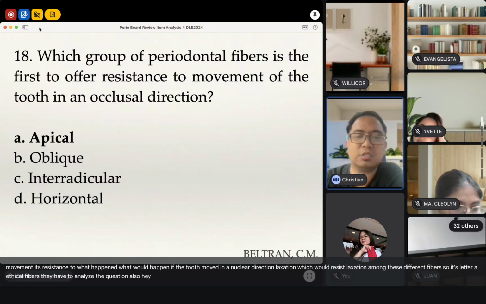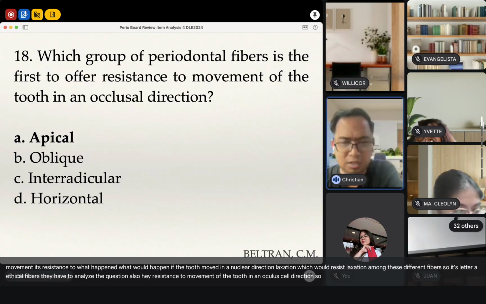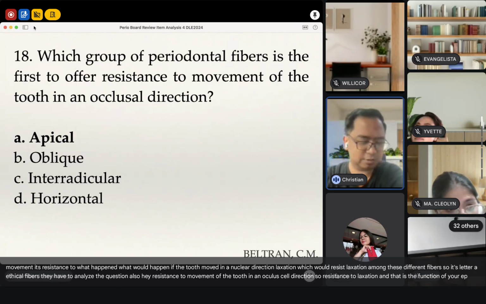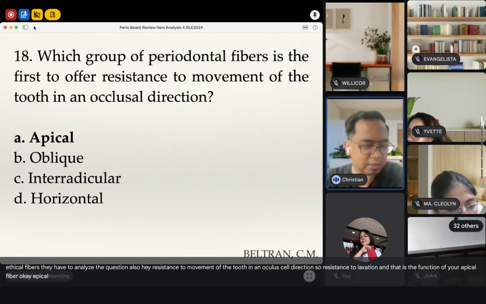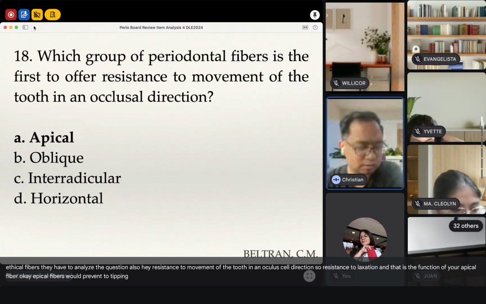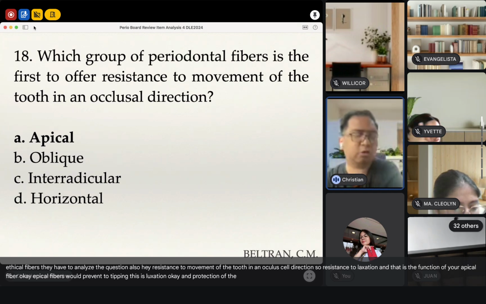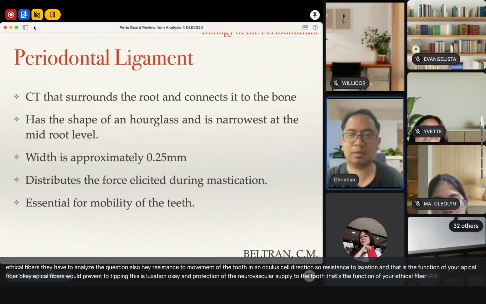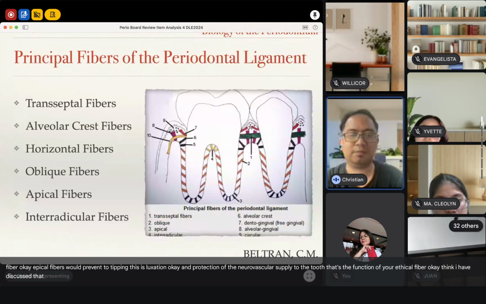Resistance to luxation is the function of your apical fibers. Apical fibers prevent tooth tipping, resist luxation, and protect the neurovascular supply to the tooth. I think I discussed that yesterday.